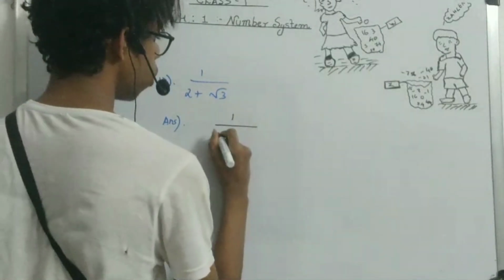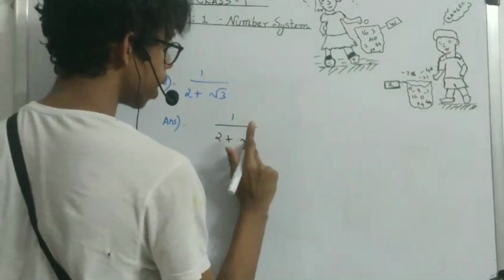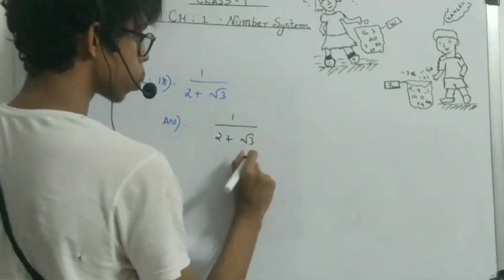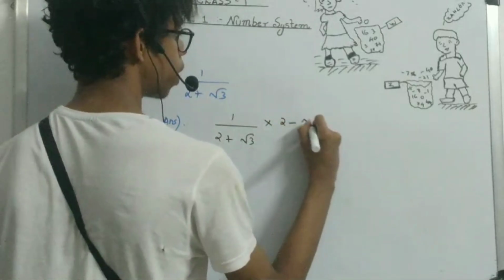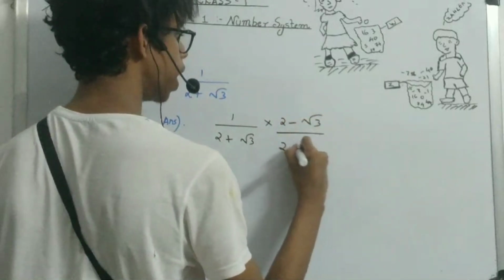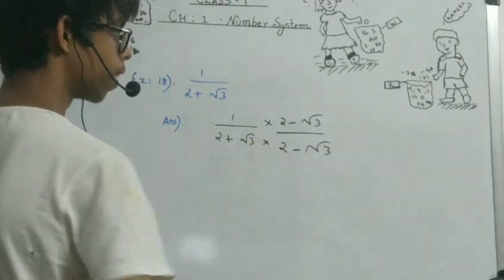So here I am having 1 by 2 plus root 3. So what is the conjugate of this 2 plus root 3? 2 minus root 3. That you have to multiply and divide. Okay, so this is the thing that you should do over here.